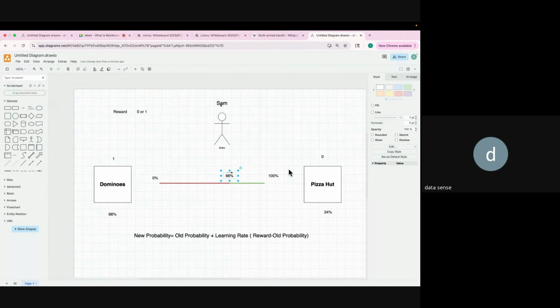Now what all these terms are called: we had 2 options, and these are called environments in the technical jargon. This particular person who is exploring is called the agent in this scenario.